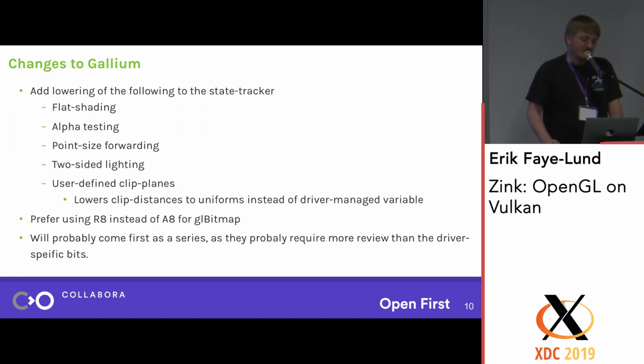There are also some patches to prefer using R8 textures in a few cases where we weren't. I think this is specifically for GL bitmap usage. We'll probably send the Gallium changes first as a series without adding the rest of Zink, so it's probably a bit easier to review, I'm hoping.